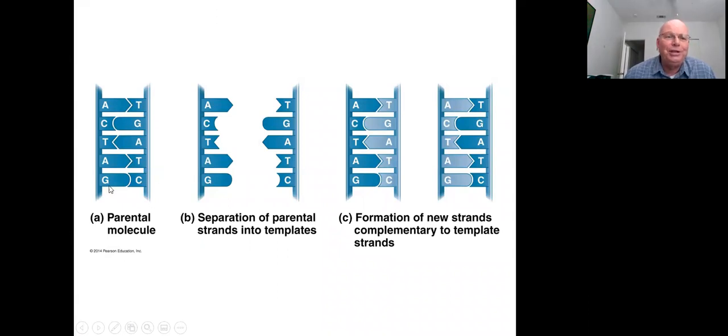You have your original DNA molecule with the A's paired with the T's and the G's paired with the C's across the DNA molecule, cross-linking.